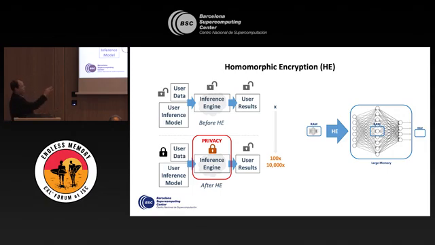Then privacy would be completely guaranteed. However, the problem is that depending on the encryption parameters, the data size may grow from 100x to 10,000x. That depends on how we encrypt, how strong we want the encryption to be, and a few other factors.